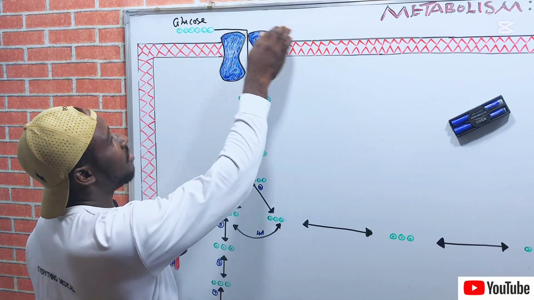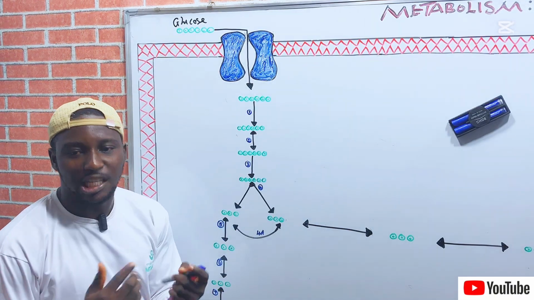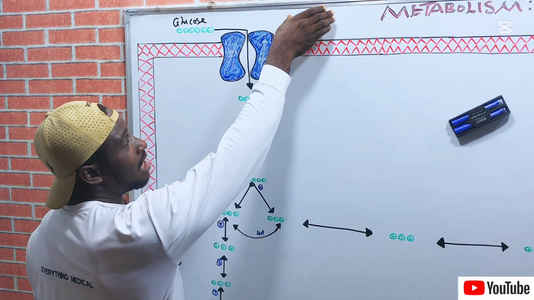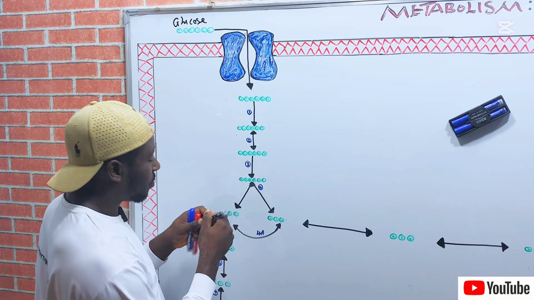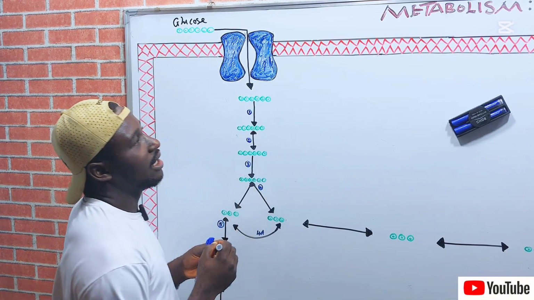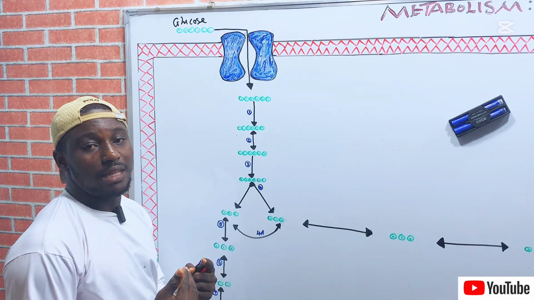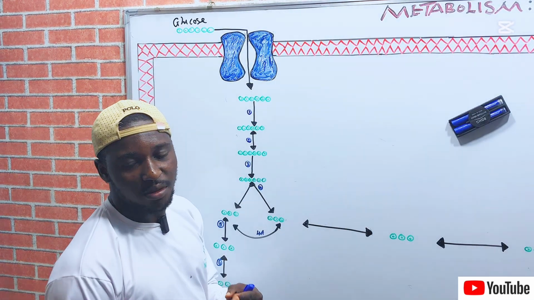Now, once glucose is found at the extracellular part of the cell, it requires a transporter, which will transport it from the extracellular environment to the intracellular environment, right? And that transporter is the one that transports glucose to the liver, because we are making reference to the liver cell.